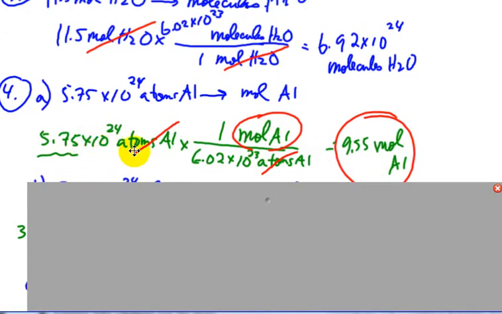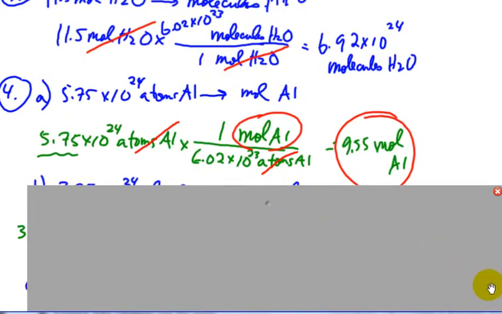5.75 times 10 to the 24 atoms multiplied by 1 mole over 6.02 times 10 to the 23 atoms. So your units should always cancel here and you're left with the unit on top that you're looking for. So make sure you run through that. 9.55 moles of aluminum. 3 sig figs, 3 sig figs. Okay?